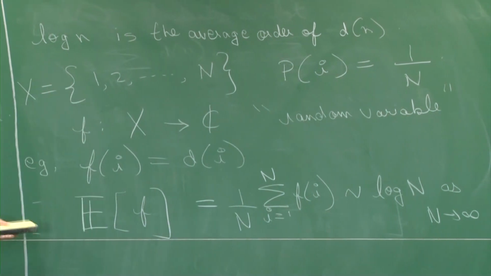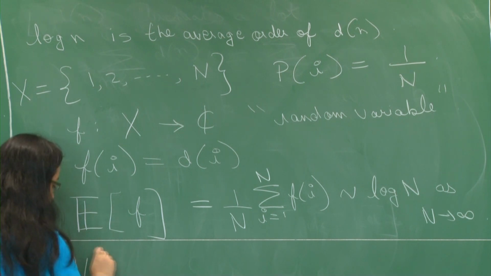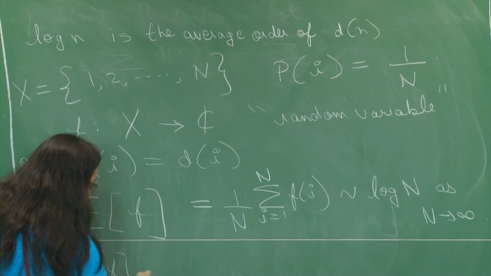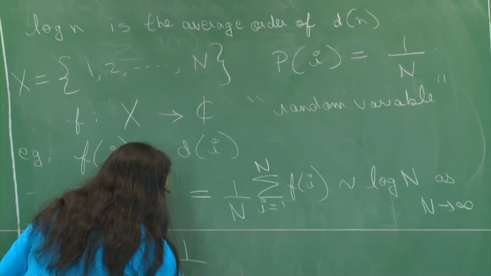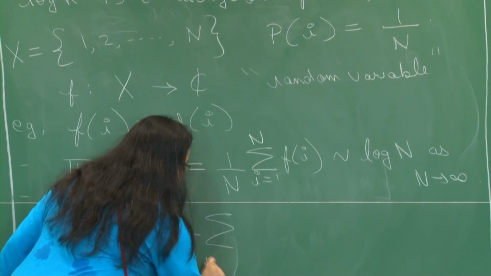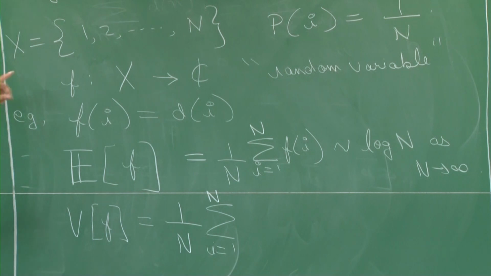Now, when you talk about expectation, the next question to ask is what is the variance? So, V of f by definition is 1 by N summation i going from 1 to N. You are trying to understand how your function f deviates around its expected value, or its mean, or its average order.